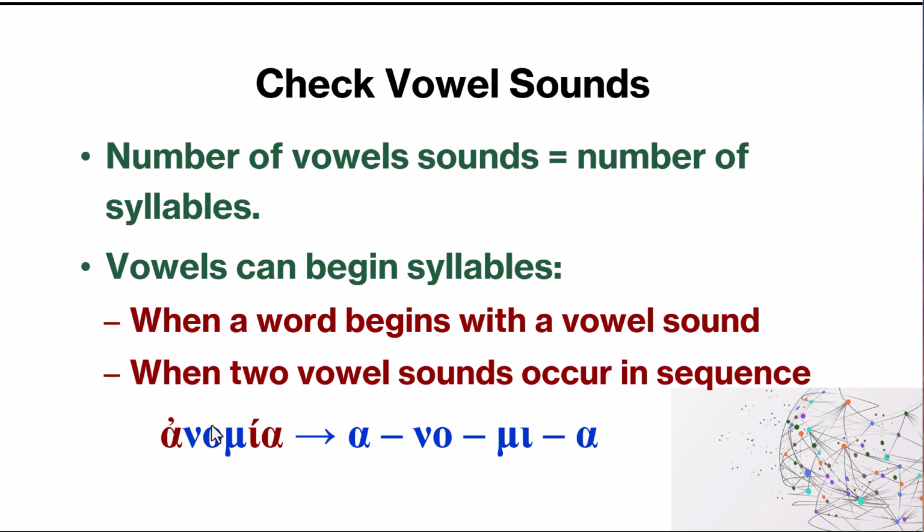This begins with an alpha, and that's going to be a syllable, the a, and nothing here tells us that there's going to be any other letters with that, so that stands alone. A, na, and now we have iota alpha, but that is not a diphthong, and so that's going to be two separate vowel sounds, and so two separate syllables. So we have a, na, mi, a. In this word we have two syllables, the first and the last, that begin with vowels.